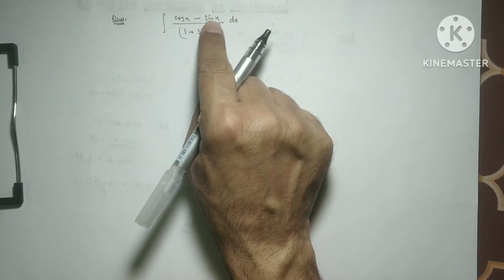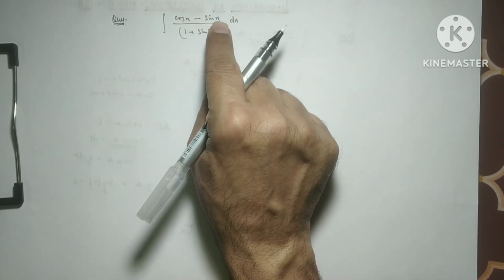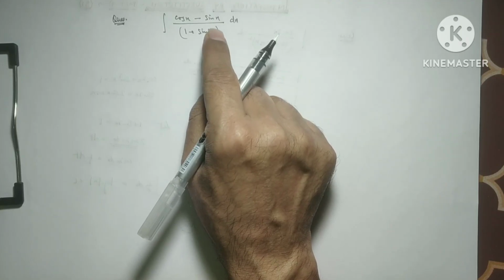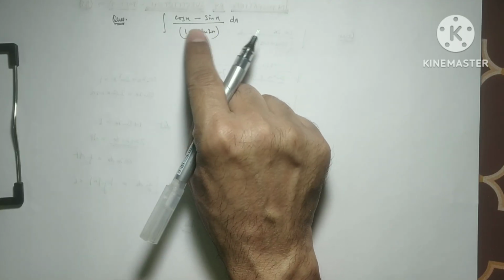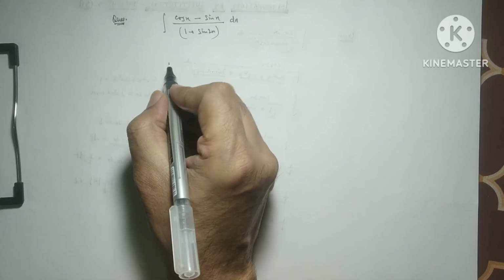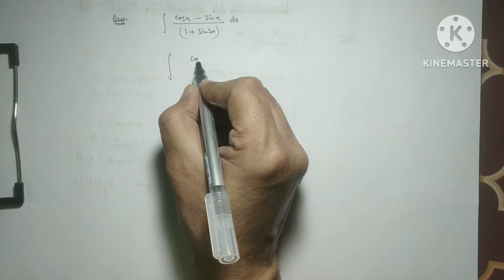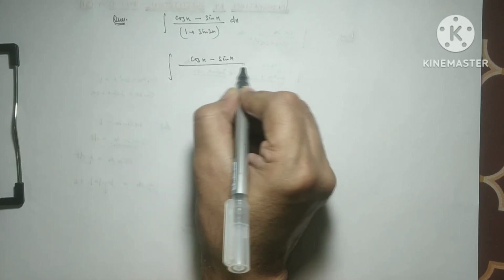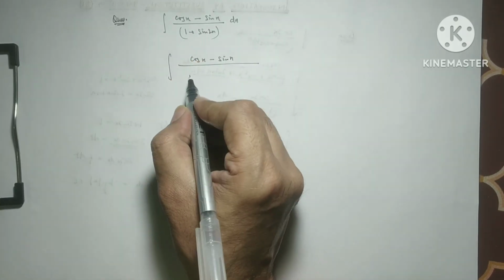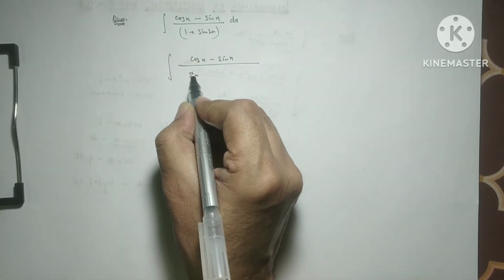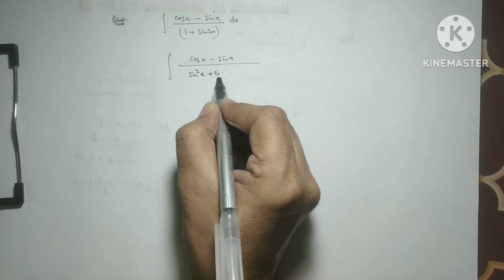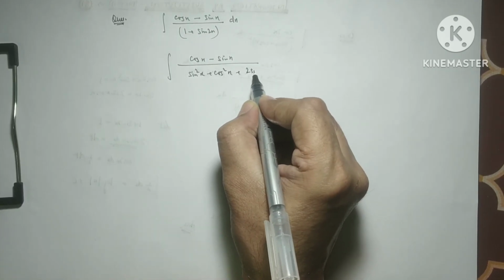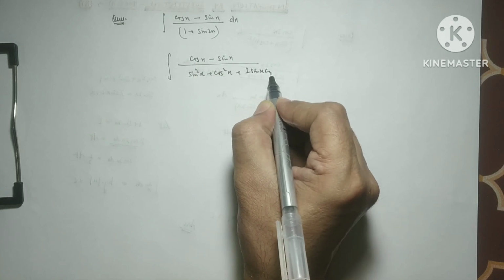Right now the numerator is in terms of angle x and the denominator in terms of 2x, double angle. So we will try to make it in terms of x. So it is cos x minus sin x, and we can expand 1 as sin square x plus cos square x, and sin 2x as 2 sin x cos x.